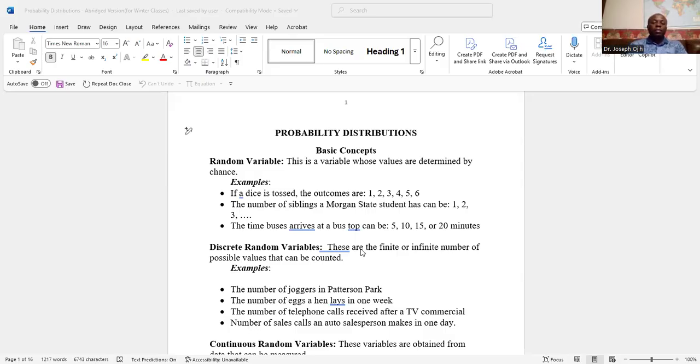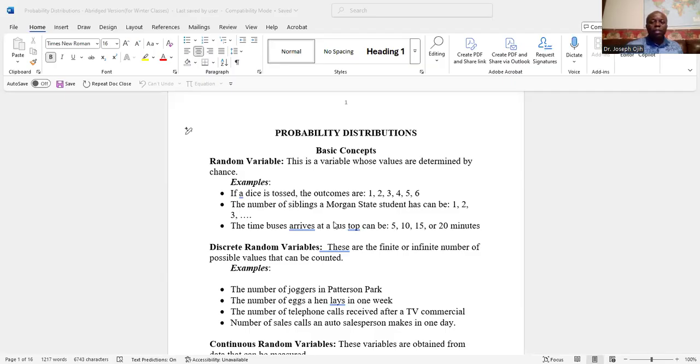Now, how about this? The time a bus arrives at a bus stop. They might say that it will arrive at 8 a.m., but we know that sometimes it arrives a little bit before or a little bit after. And sometimes even very late. So that's an example of a random variable.